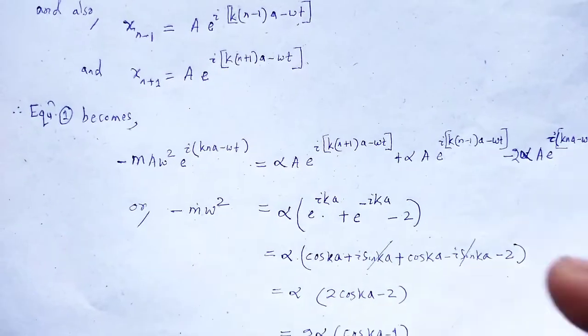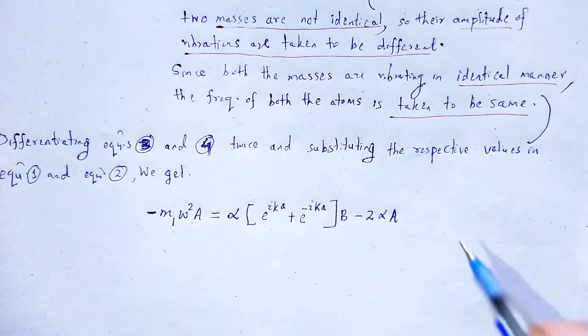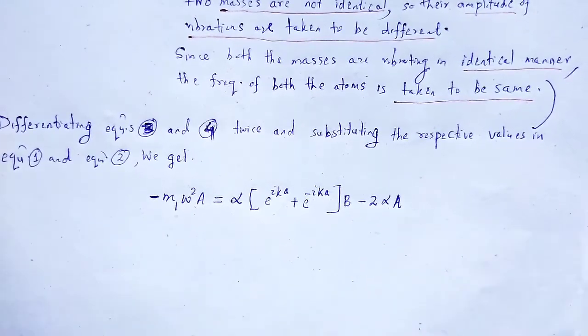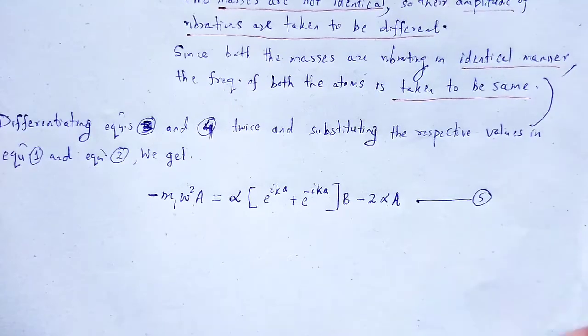This is monoatomic lattice vibrations. We just relate it by putting these values in direct manner. That will be equation number 5.